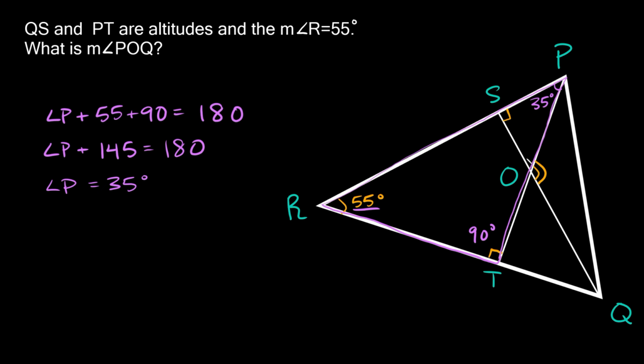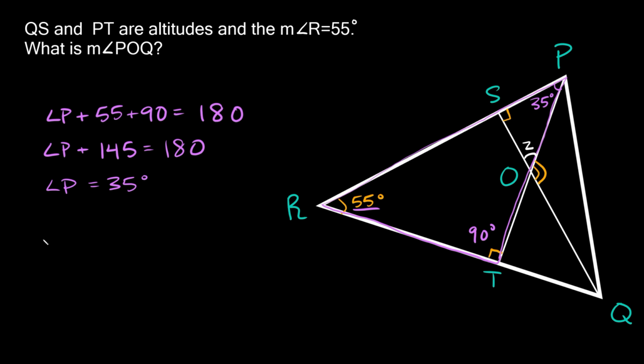Okay, now if we find this angle right here, let's just call this Z. If we find this angle, we can use supplementary angles, right, in order to find this missing angle that we're looking for. So in order to find this angle that I'm just going to call Z, again, we have a triangle right here, right? So all these angles should once again add up to 180 degrees.